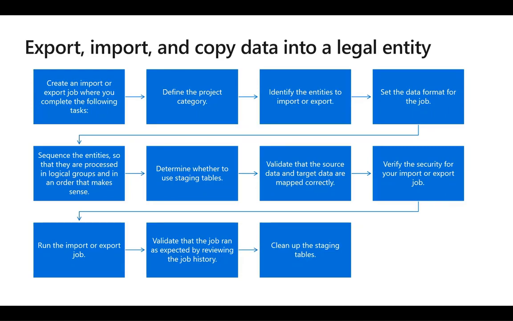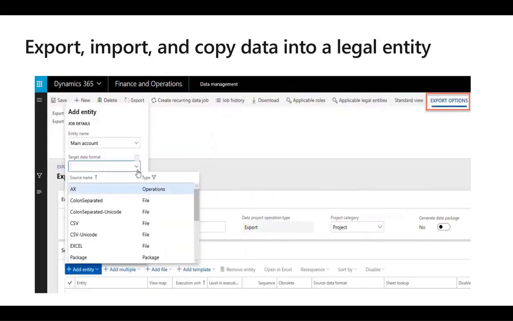When we run the import and export job, after the job completes successfully, always validate that the job ran as expected by reviewing the job history. At last, we can clean up the staging table to release database space. A data import or export job can be run one time or as many times as needed.